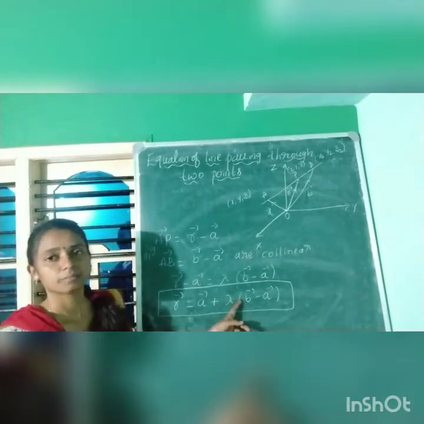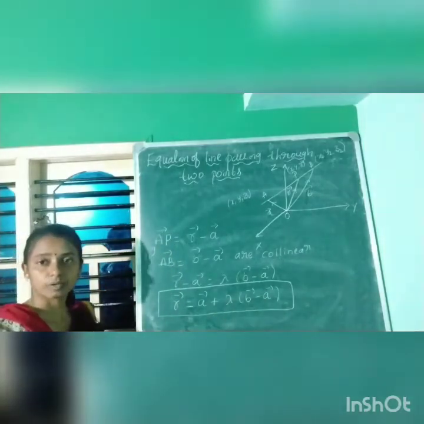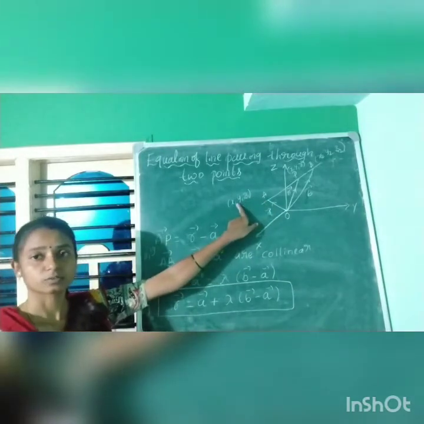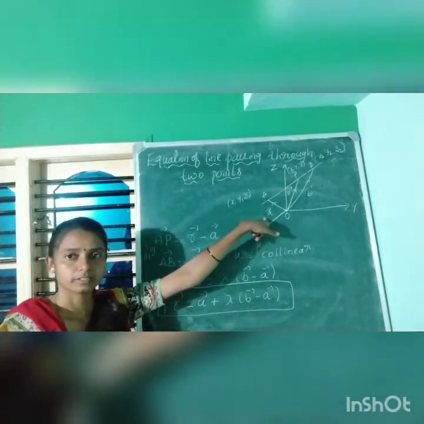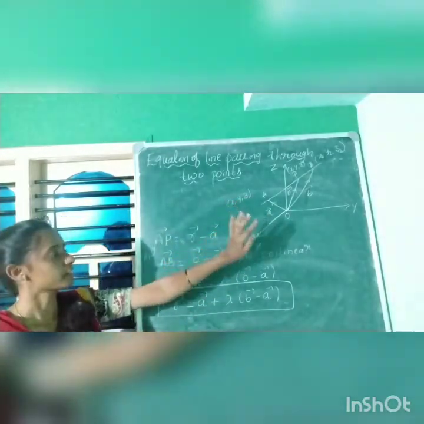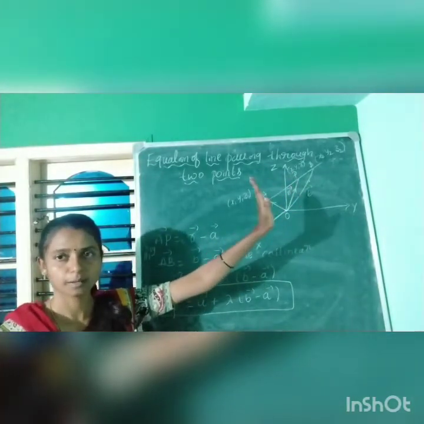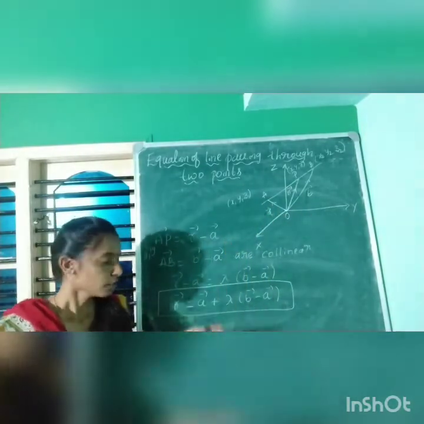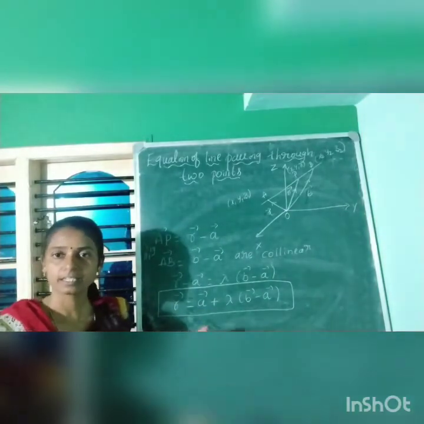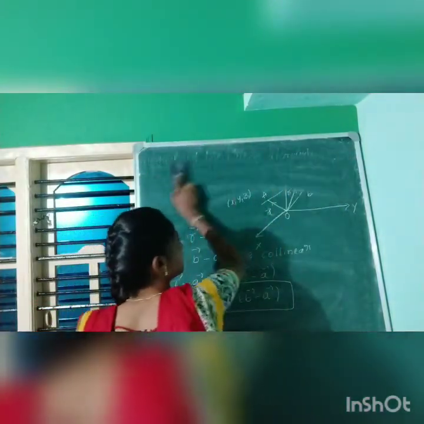Vector a, with the coordinates x1, y1, z1, we can write as x1i plus y1j plus z1k, and we can write the b vector as x2i plus y2j plus z2k. With the help of a vector, b vector and r vector, we are going to derive the equation of a line in Cartesian form. Okay, so I can write.